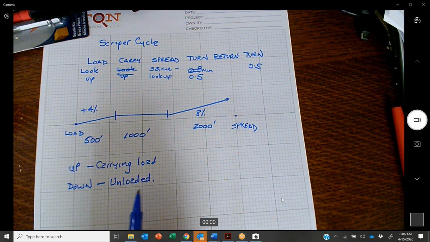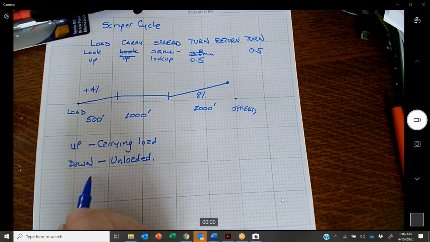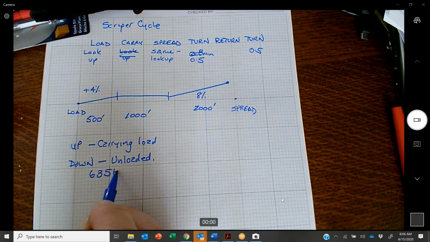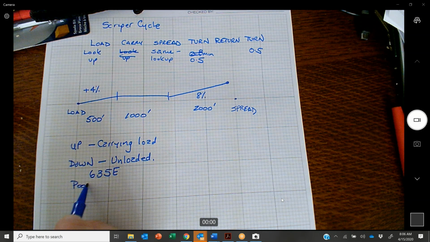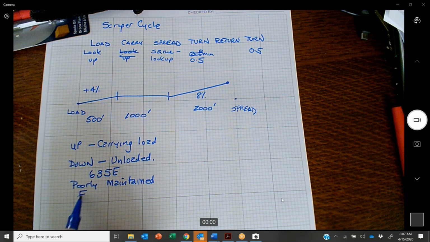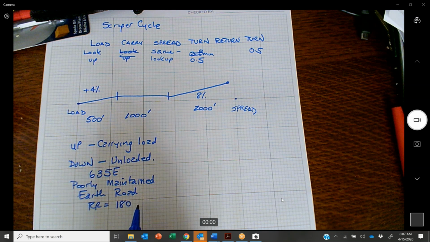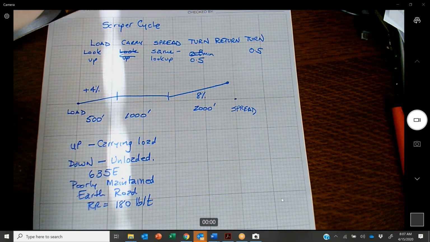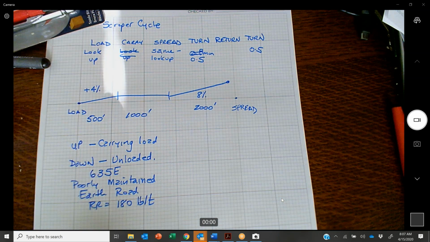And let's choose some particular equipment. I think we have data fairly handy for a 635E. Our road is poorly maintained earth, and it has a rolling resistance of 180 pounds per ton.